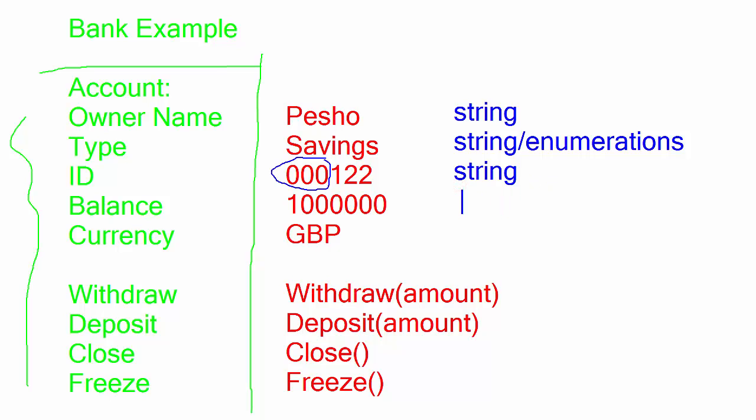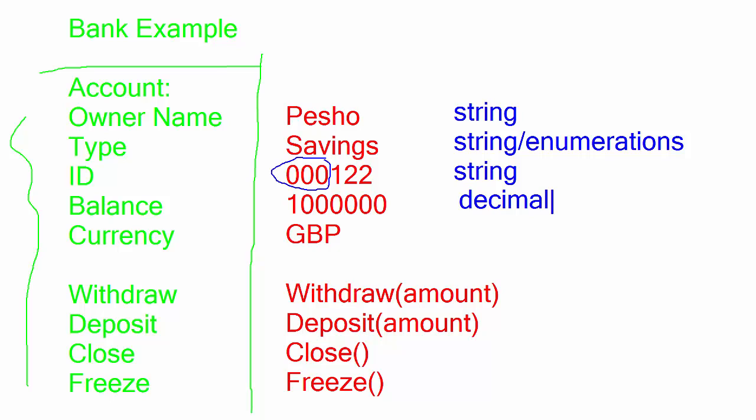Balance. Is there a data type number in C#? And the answer is no. So what kind of a number should that be? Decimal. Why decimal, and why not double?